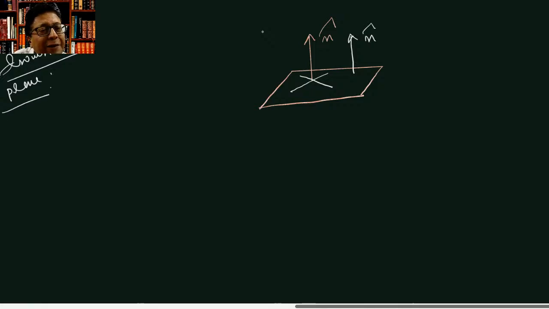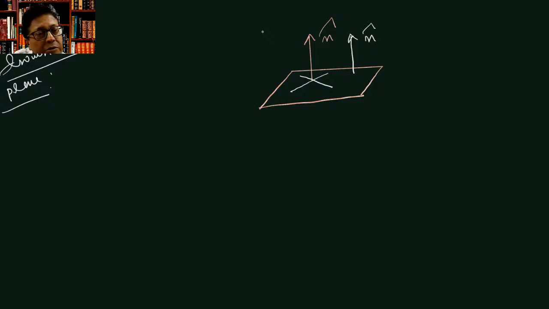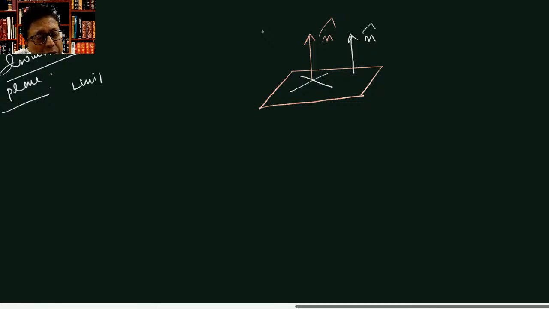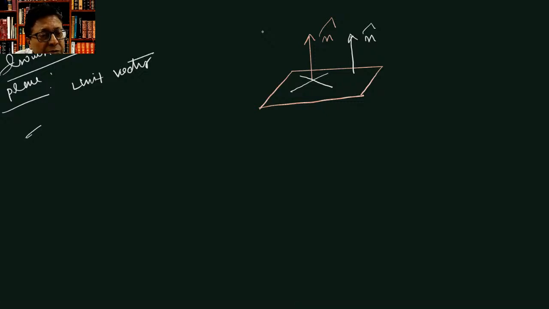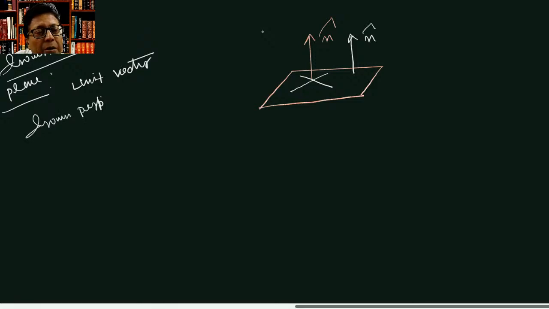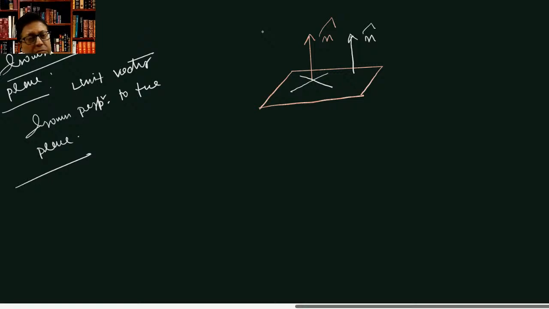The unit vector can be slid parallel to itself. So the unit vector drawn perpendicular to the plane is the unit normal. Okay?